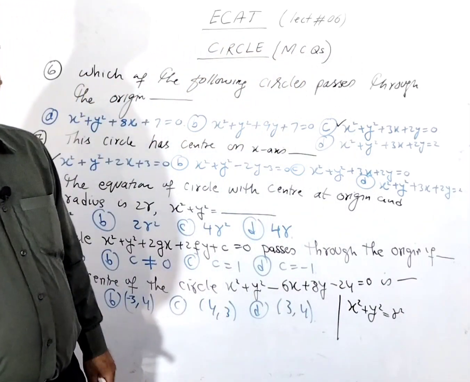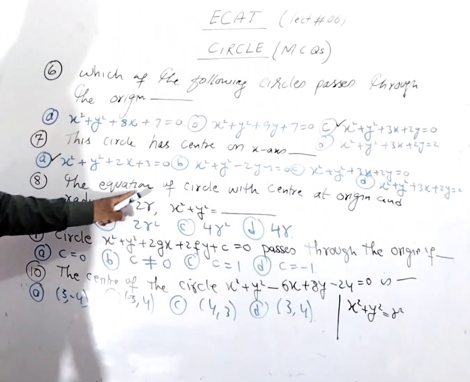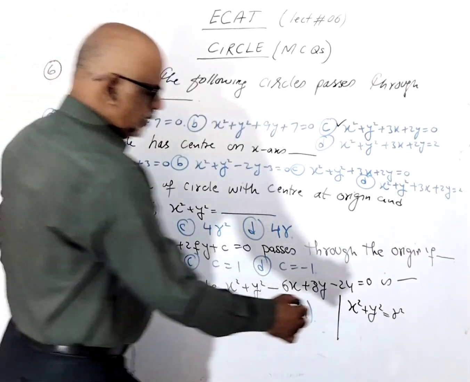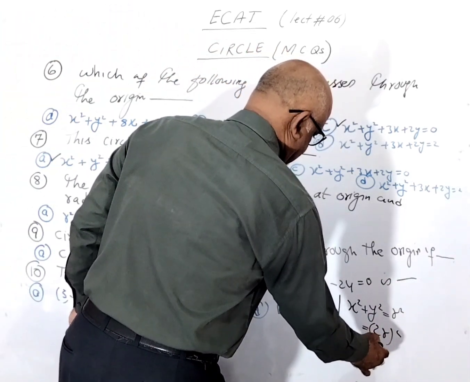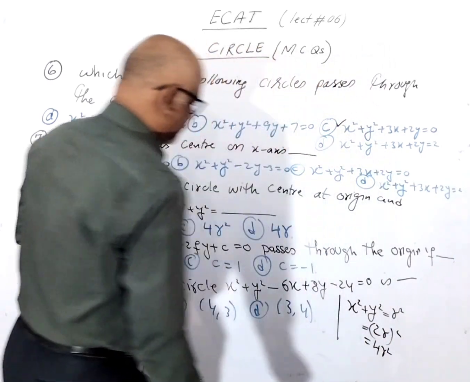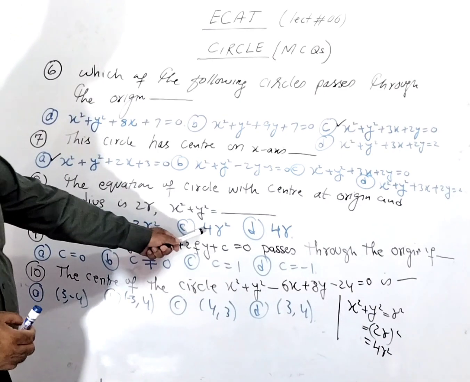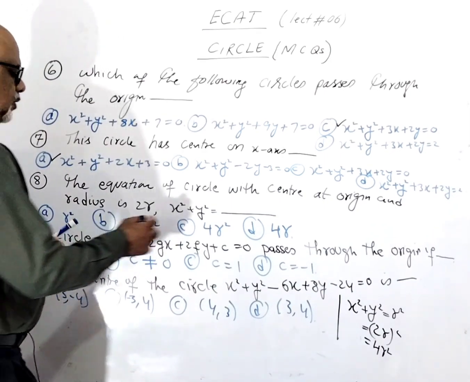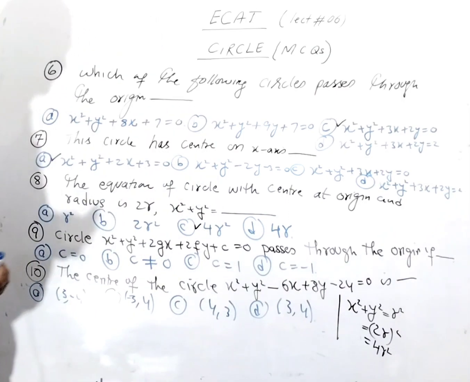This is the equation of a circle having the center at origin. In this situation here, the radius is 2r. That means 2r to the square, that is 4r square. So 4r square, that means the C option is correct for the 8th MCQ here.